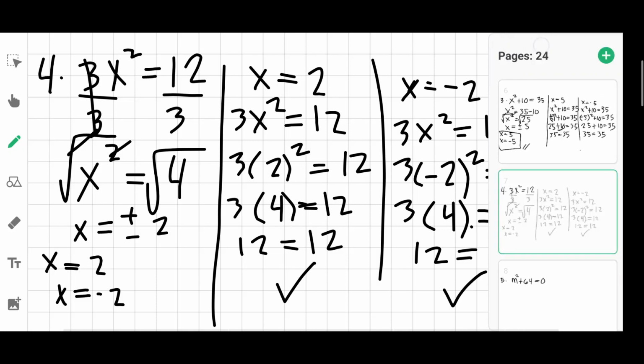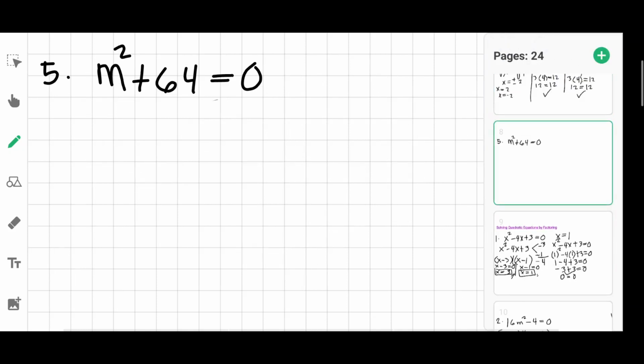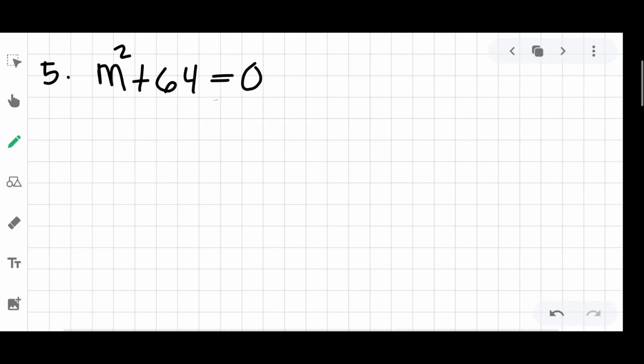Para naman sa panglima, sa pinaka-last na equation natin, we have m squared plus 64 equals 0. So, nakikita natin na hindi siya naka-form in x squared equals k. So, kailangan natin ilipat si positive 64 sa kabila.